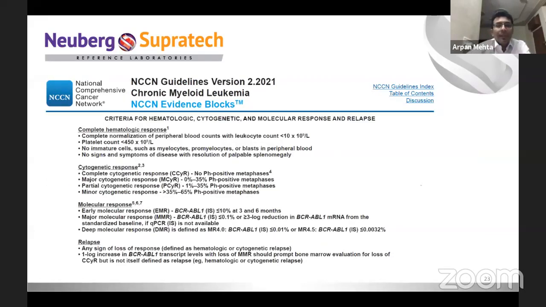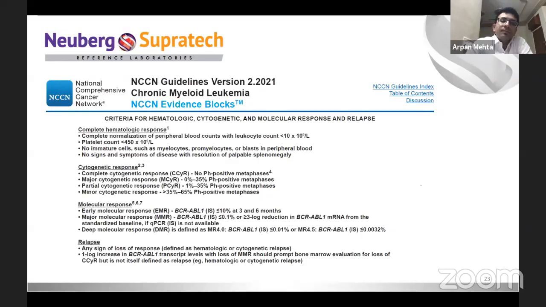And these are very important definitions. We call it a complete hematological response when there is complete normalization of peripheral blood counts with WBCs less than 10,000, platelets less than 4.5 lakhs, no immature cells such as myelocytes, promyelocytes, or blasts in peripheral blood, and no other signs and symptoms. Cytogenetic response we call complete when there are no Ph-positive metaphases detectable.